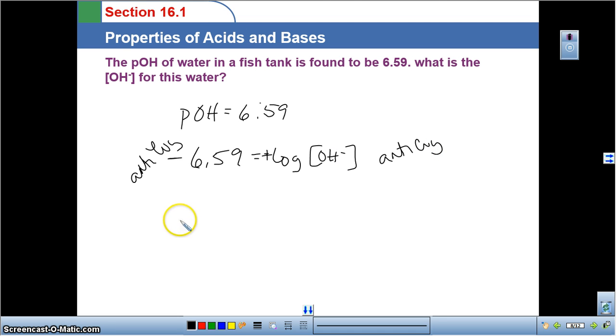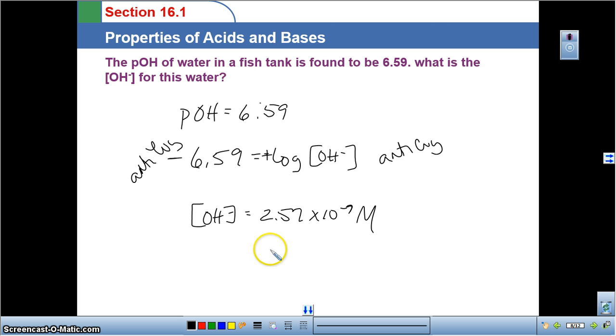So we're going to take our calculators and type in second log or inverse log of negative 6.59 in parentheses. And I find out that my hydroxide ion concentration is 2.57 times 10 to the negative 7th, and that would be molar. So that's how we do that.